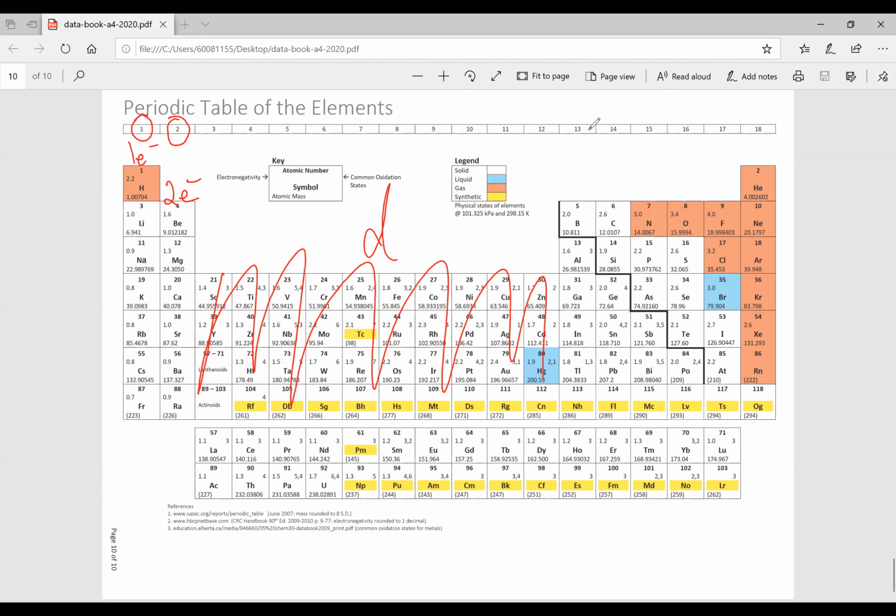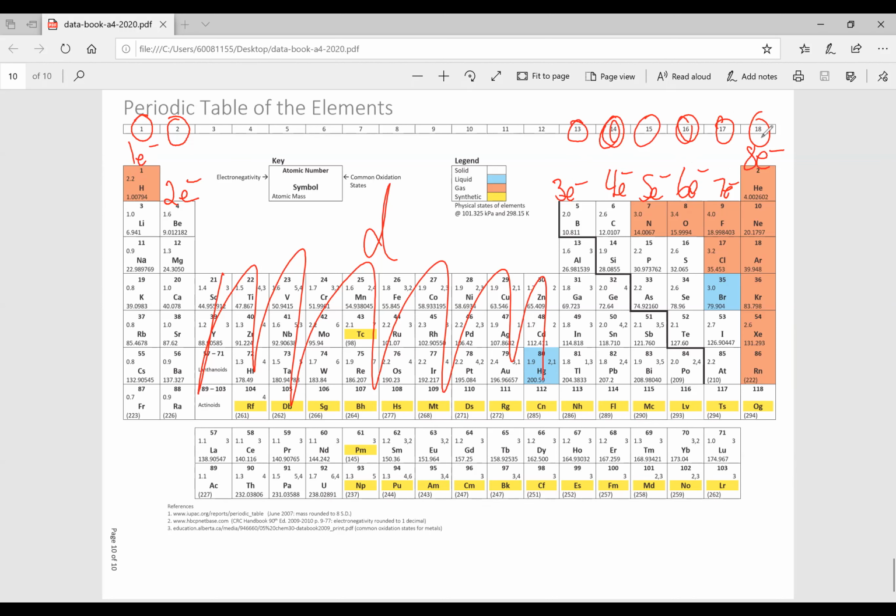Group 13 has 3 electrons. 14, 4. 15, 5. 16, 6. I hope you're seeing a pattern here. 17, 7. 18, 8.